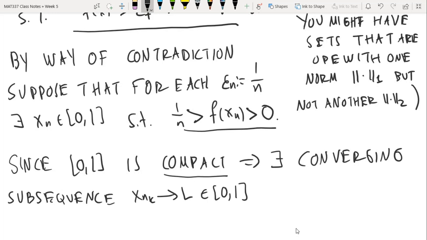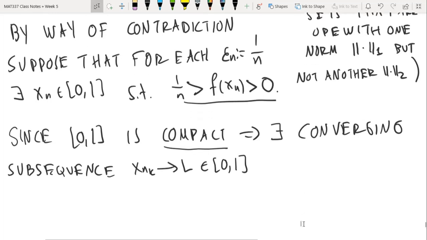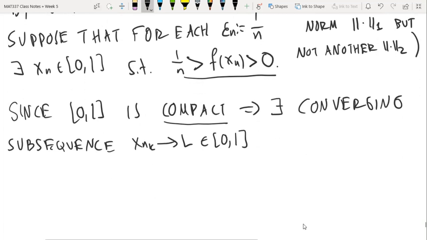That was the definition of compactness on the reals, which is the same here: a set is compact if every sequence has a converging subsequence.